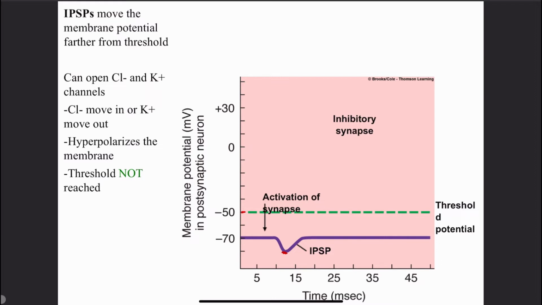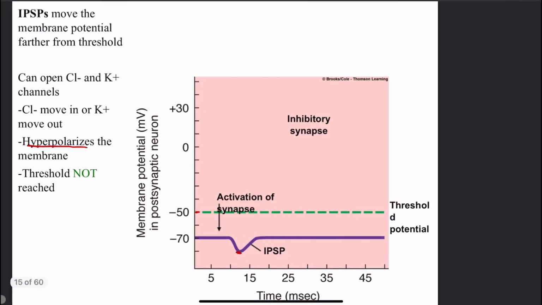If it opens chloride channels, chloride will move in, making it more negative. If it opens potassium channels, potassium will move out, also making it more negative. Remember that this means it's hyperpolarization, so it'll make it more challenging for threshold to be reached, and that's why it's called inhibitory.